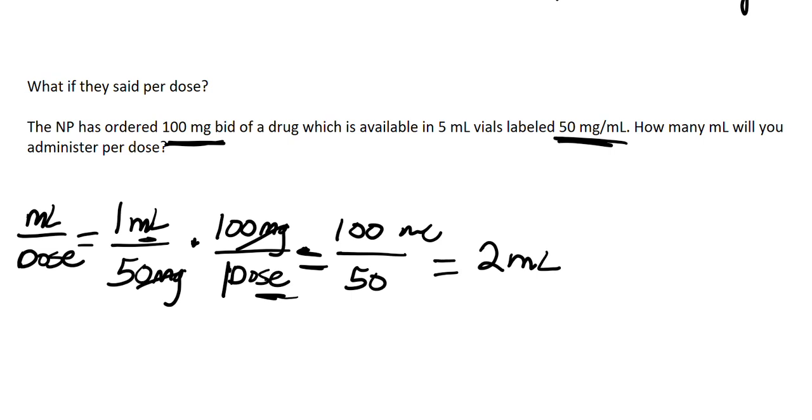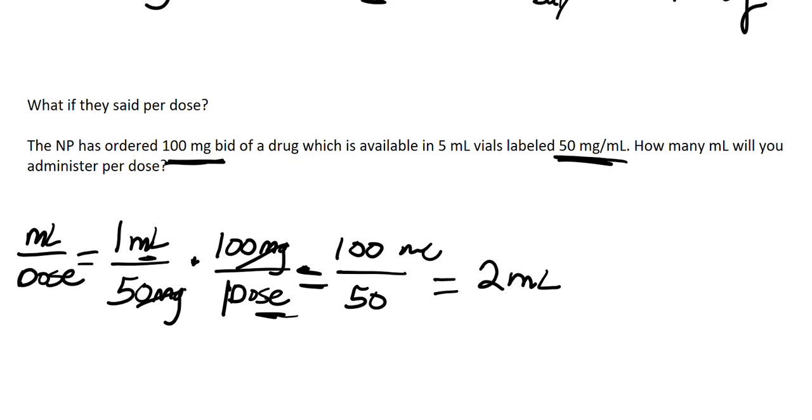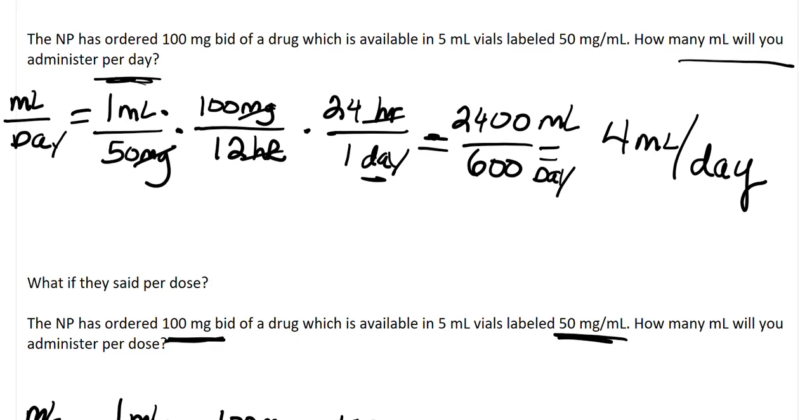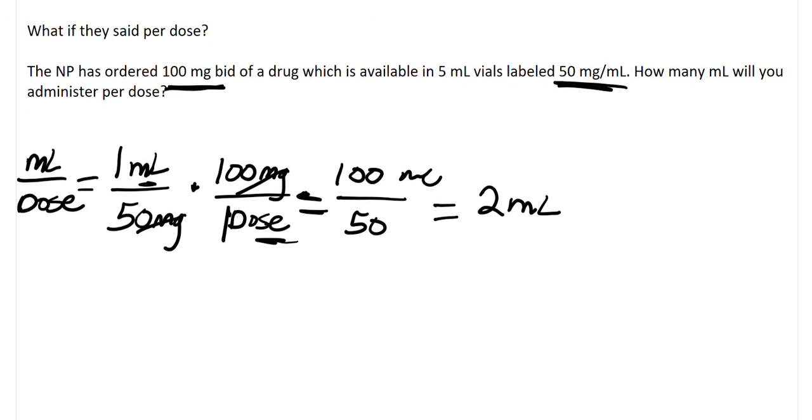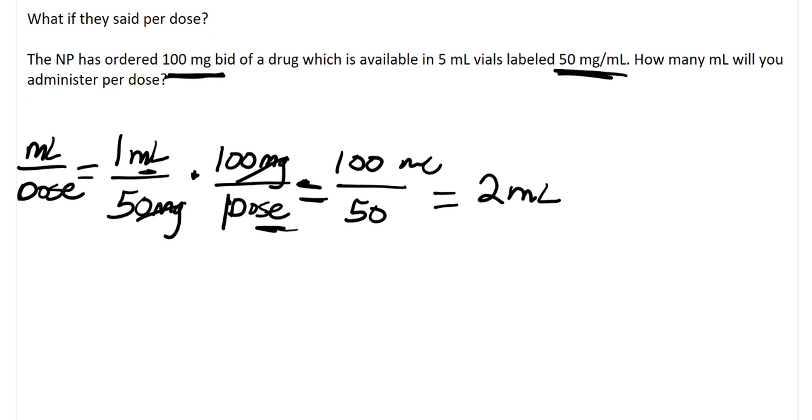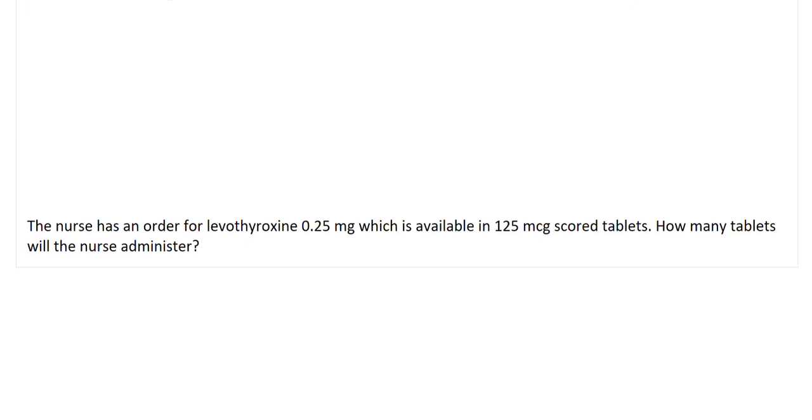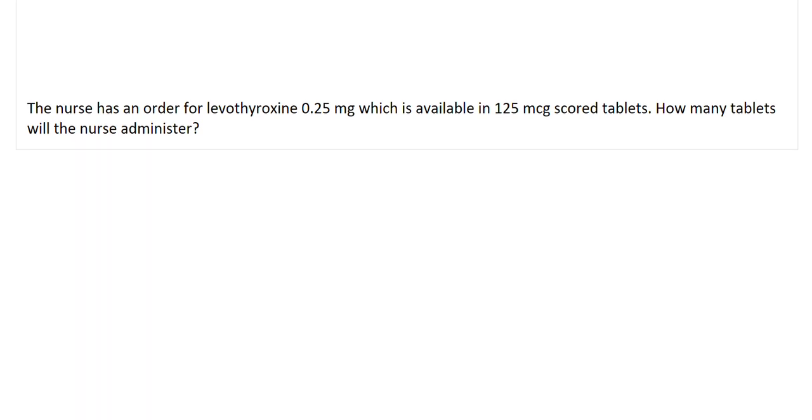So that's per dose. We did the same problem. Remember? Same problem, just plug in different information, depending on what they're asking you for. And that's the good thing with dimensional analysis, is they can ask you for whatever.